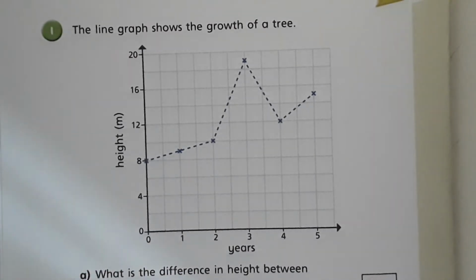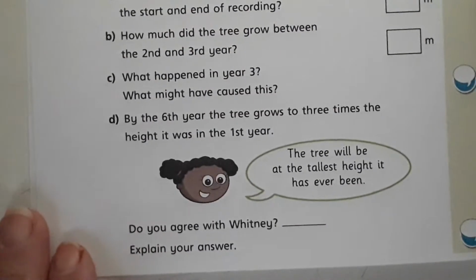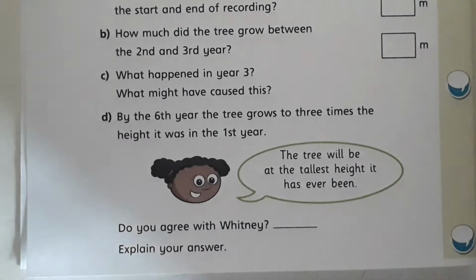Maybe you can come up with another reason yourself, but there is no necessarily correct answer for that, because we don't know exactly what happened. And for D, we should be fine. Just read what it says. That'll be the only thing that will catch you out, if you don't read what it says.